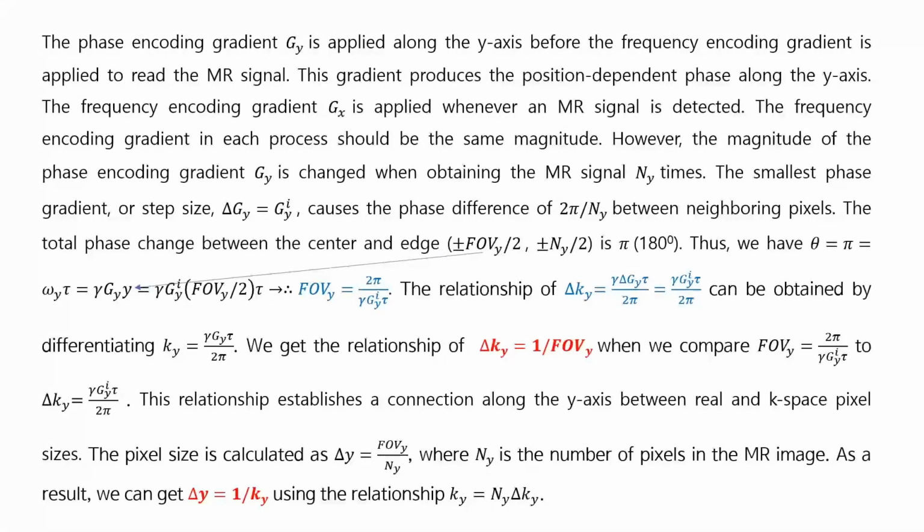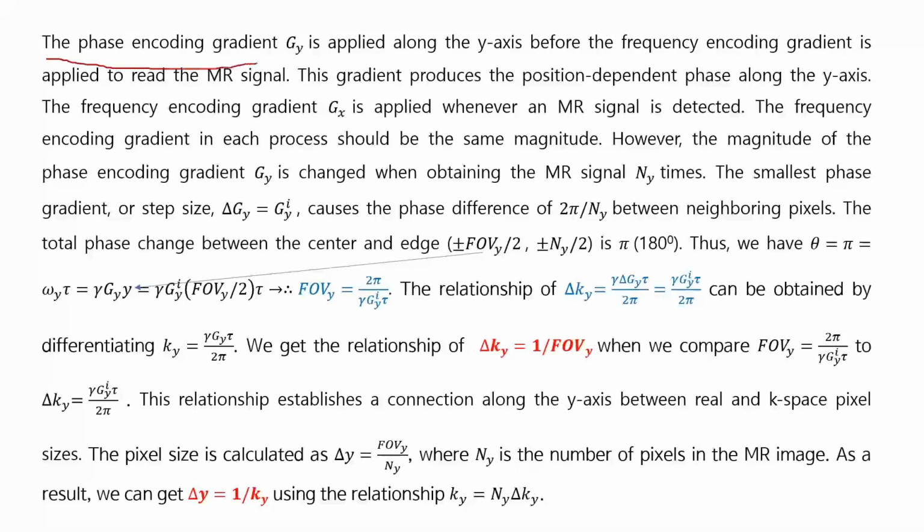Now let's see the y direction. So far we considered the x direction in k-space and the real space. Now let's consider the y direction in k-space and the real space. What can we have in the relation between the size in k-space and the real space?